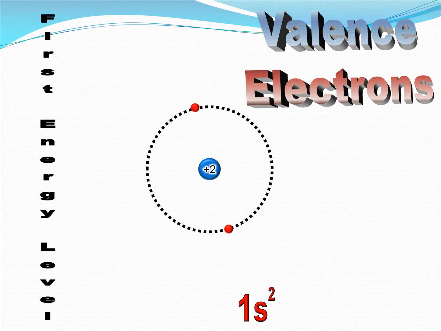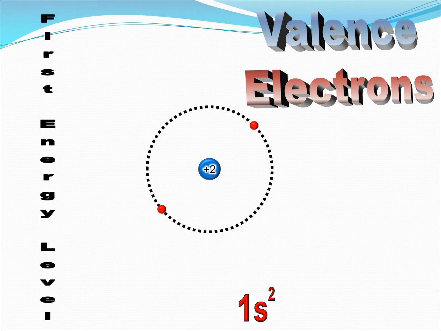Okay, so now we've got 2 protons in the nucleus, plus 2. What element is that? It's the second element. It is helium. Helium has a 1s2, but how important is that? All we really need to know is there's 2 electrons in the first energy level. Remember, the superscript, the little tiny 2 there, is telling us how many electrons are there.